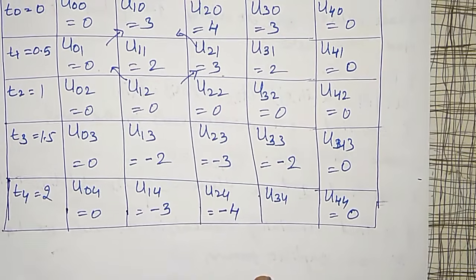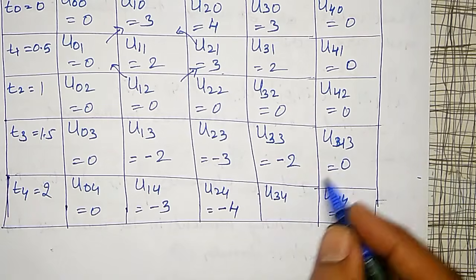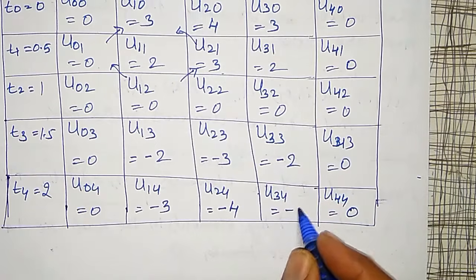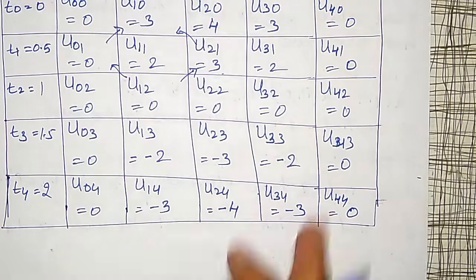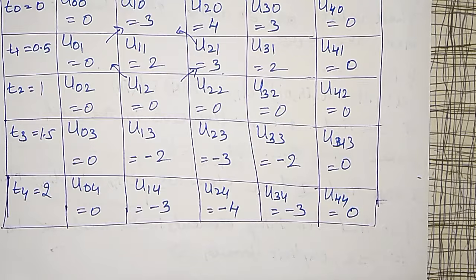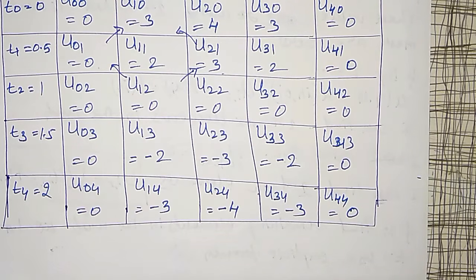Like that, u34, minus 3 plus 0, diagonal elements minus 3 plus 0 minus 0 equal to minus 3. Then using these values, I can form the table, and any value I can find in between. Using this, any value I can find out. This is the solution of the wave equation.